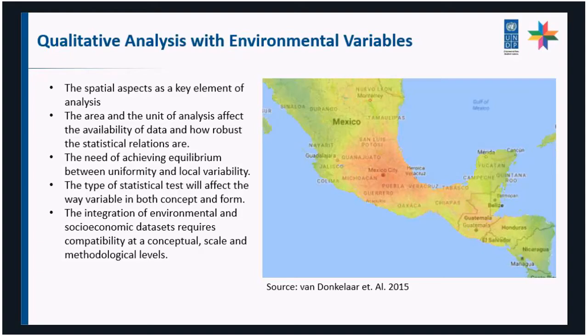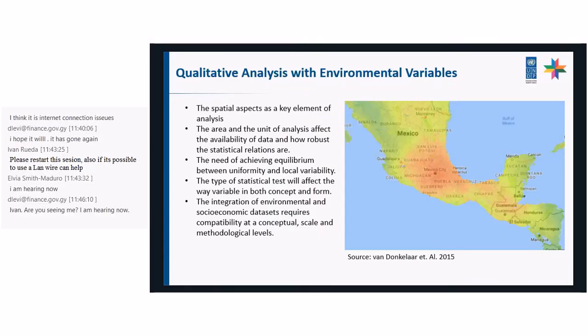Let's say we want to analyze air quality in Mexico City. The data that we use and the information that we have there is going to be totally different if we decide to make another analysis, let's say in the city of Campeche, which is on the other side of the country.